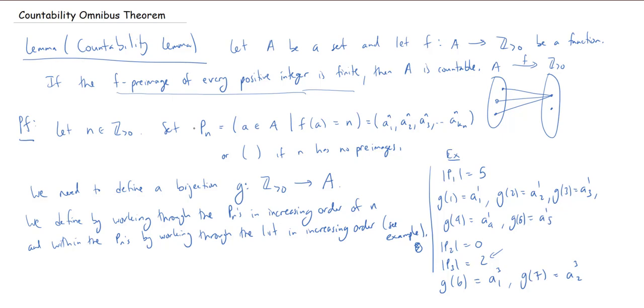Because I'm going through each of these P's one time, and I go through each of the elements in the list one time. So I get injectivity, right? I can't go back and hit this exact same element of A twice, because it only shows up in one of these P sub n's, because f is a function. It only sends an element to one specific positive integer. Okay, so that's why we get that it's a bijection.